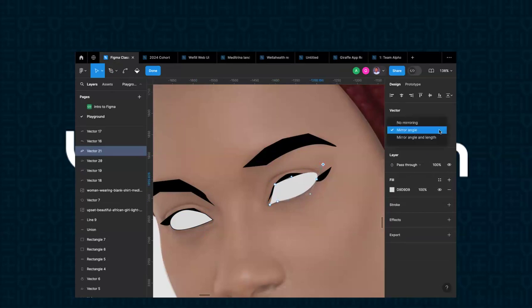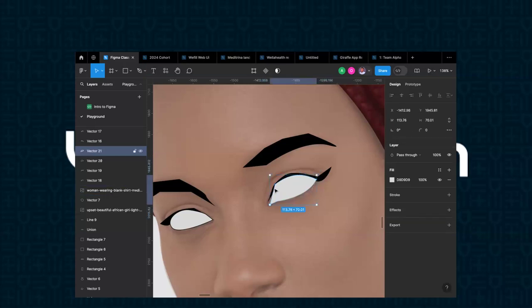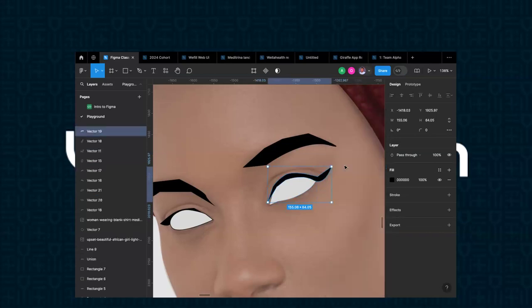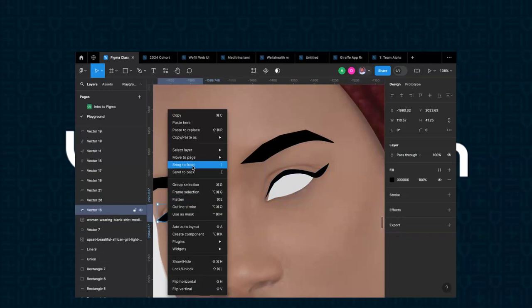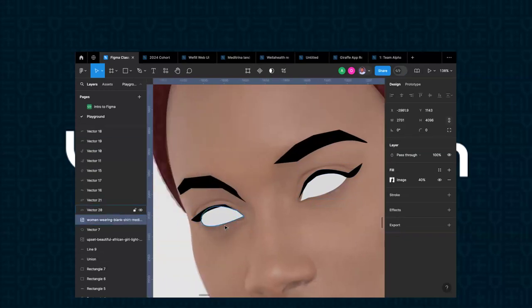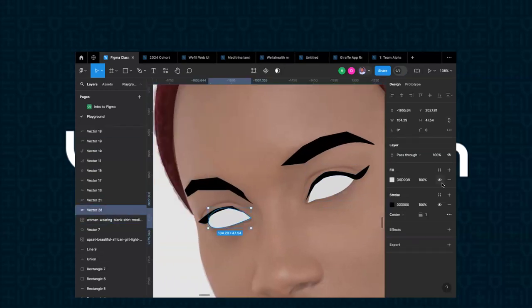I don't want this to mirror, so I'll say no mirroring, and then I would edit this. This side will hide behind this slash anyway, so I'll bring this slash to the front. And also this slash, I'll bring it to the front. Right. This should be no stroke.